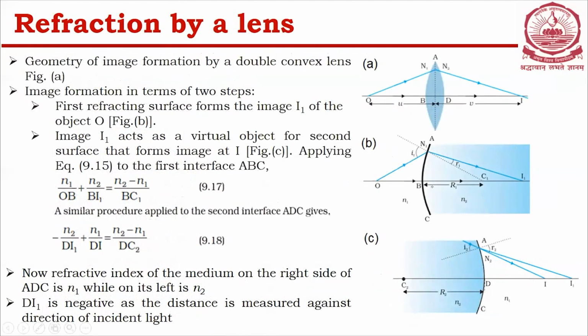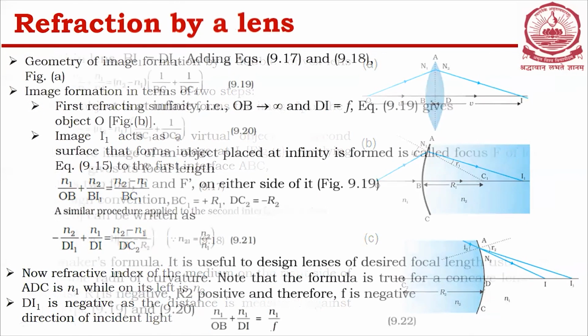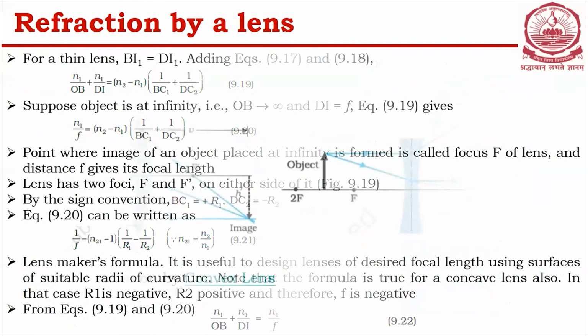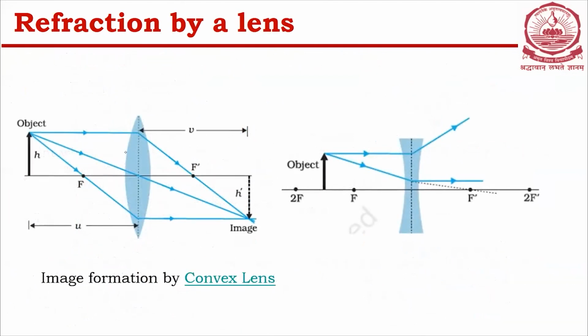Again, the important thing here is sign convention, so the Cartesian sign convention you have to take into account. Hope it's clear. We will see if you have any doubt at the end of the discussion. So you can see how the image is formed by refraction through lenses, convex lens and concave lens.